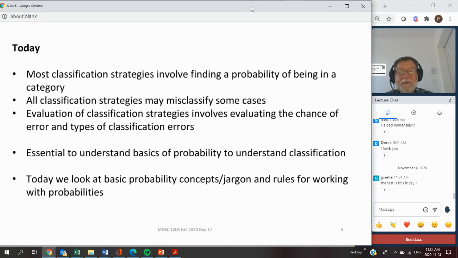It really is important to have some basic understanding of probability to understand classification and the evaluation of classification models. Some of you may have been exposed to this in high school or in other courses. We'll just spend 2 classes going over the basics and some of the jargon and the like, because if you're reading other pieces, you'll encounter the jargon and need to figure that stuff out.